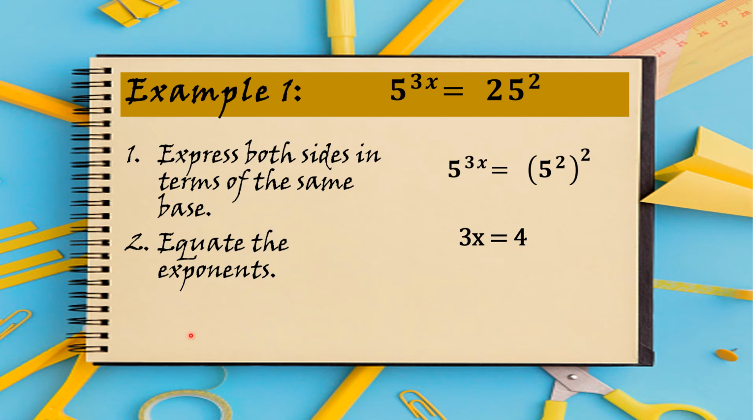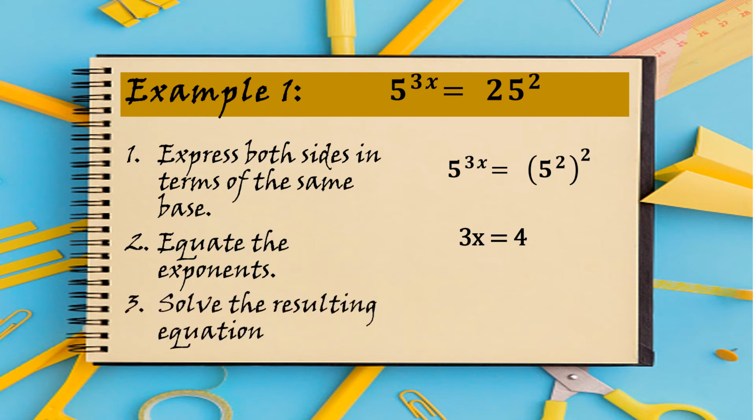And then solve the resulting equation. Here, you will divide both sides of the equation by 3 to solve for x. So 3 divided by 3 is 1, leaving x, and then x equals 4 over 3.